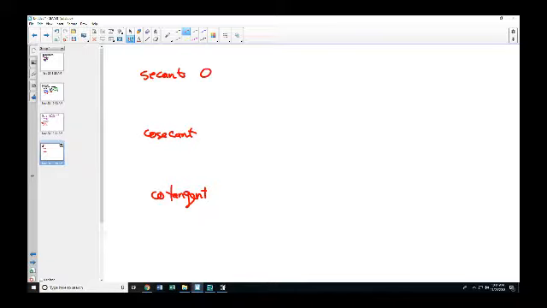You ever seen this? Greek letter? That's theta. That's the most common Greek letter that we use in trigonometry. It shows up a lot.